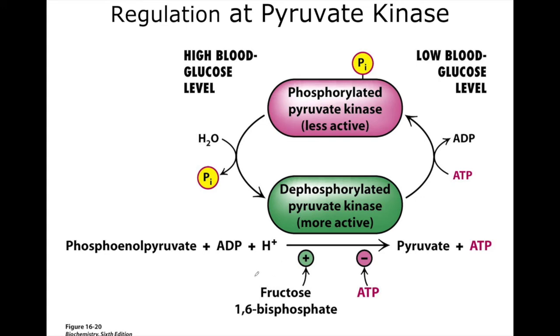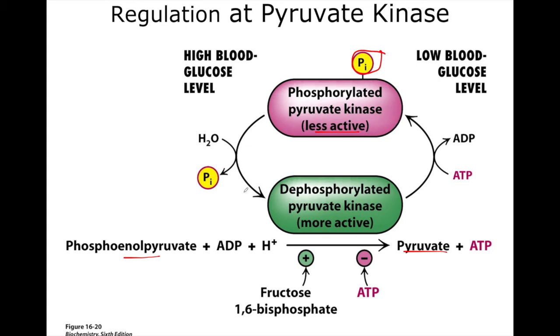We have phosphoenolpyruvate being converted into pyruvate by pyruvate kinase. So here's our enzyme, pyruvate kinase. When blood glucose levels are low, our enzyme is phosphorylated by PKA and we get the less active pyruvate kinase, therefore less glycolysis.